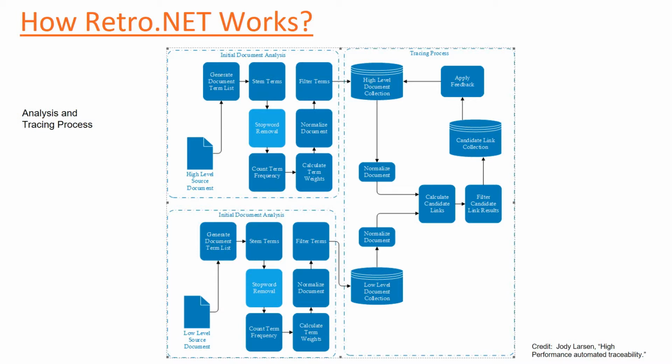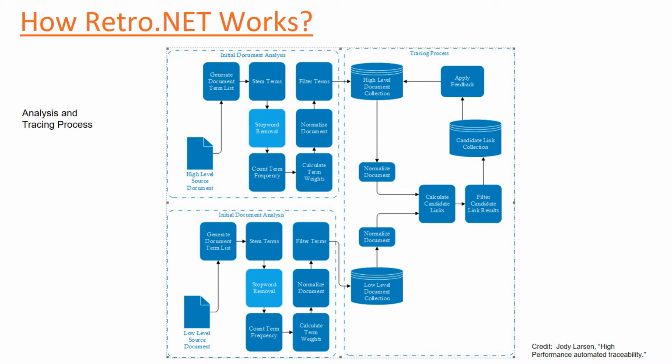It basically flows similarly in both documents, where it starts from the high level document, generates the document term list, names the terms, removes the stop words, counts the term frequency, then calculates term frequency, and so on, and then it filters out data. The final list is collected in the high level document collection.